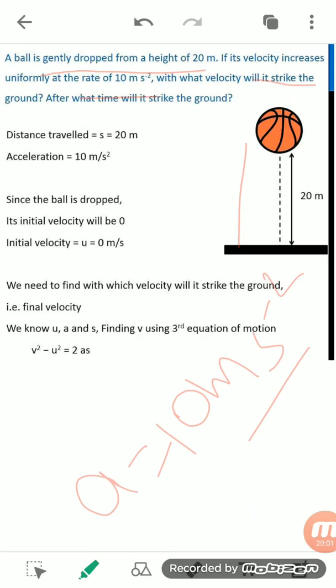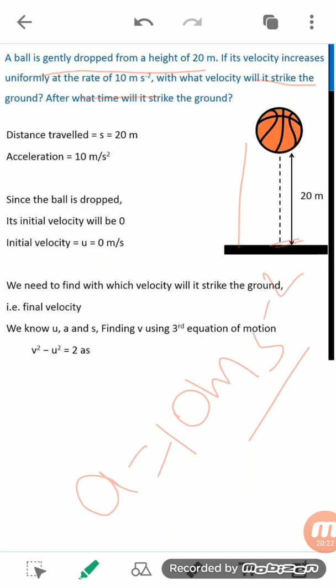Now, with what velocity will it strike the ground, and after what time will it strike the ground? So at first we have to find the velocity with which it strikes the ground, as well as the time it takes.